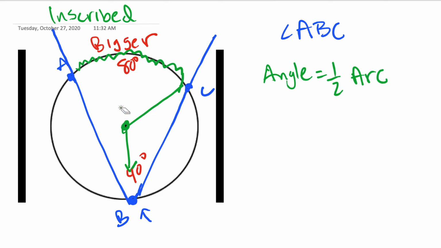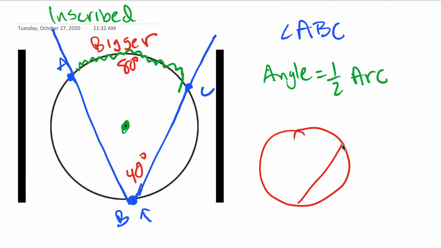Let me erase the central angle here. Okay, and the reverse will be true. If we're given the angle, we could double it to get the arc. So if you don't have the arc, if you have the angle is 50 degrees, we know that the arc that's being used is the green one, and it's going to be double.